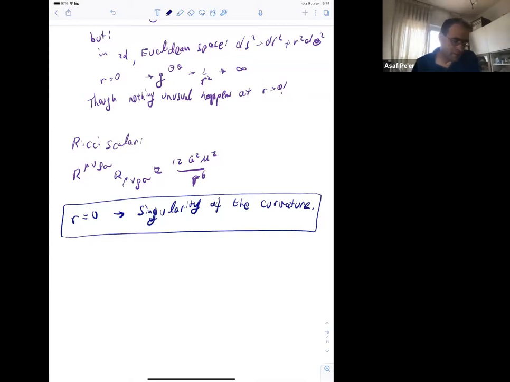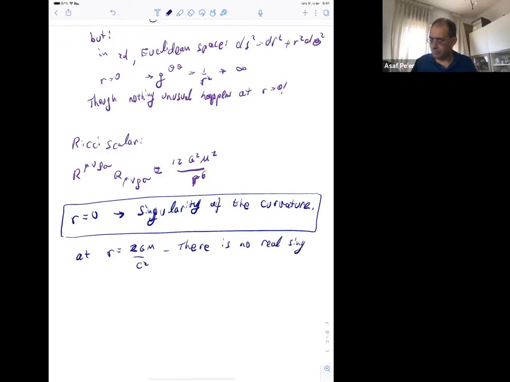So I should just say that at R equal to 2GM over c squared there is no real singularity. Just a bad choice of coordinates.